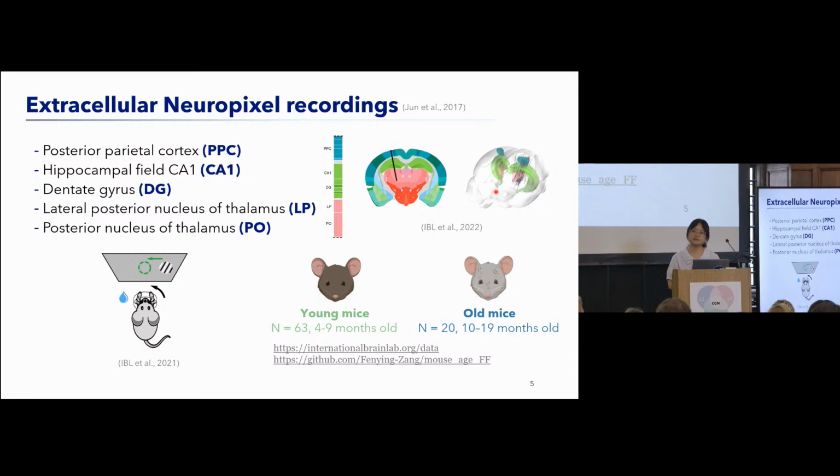IBL is a huge team science effort which replicated the same neural recordings in many neuroscience labs around the world. And the old mice data was recorded by my supervisor as a member of IBL. Both of them were recorded based on the same standardized protocols developed by the IBL.